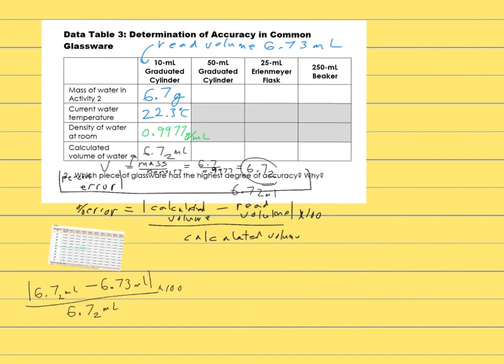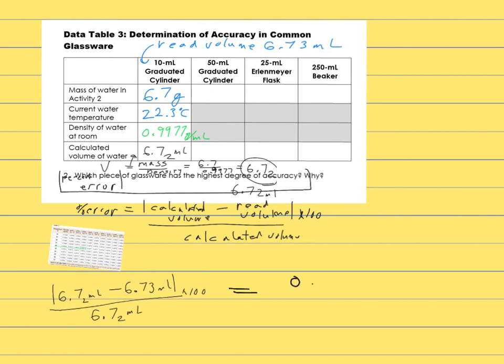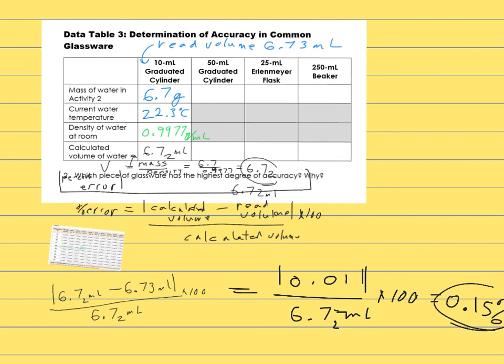So you can follow my calculations, I'm going to scoot that over just a little bit. 0.01 divided by 6.7 sub 2 milliliters times 100 equals 0.15%. So that would be our percent error for our graduated cylinder in our mock experiment.